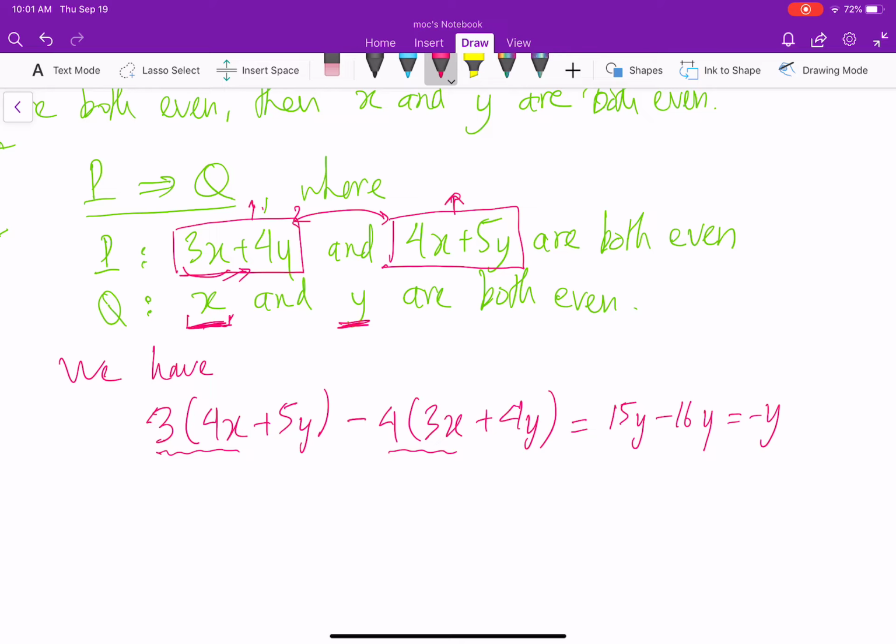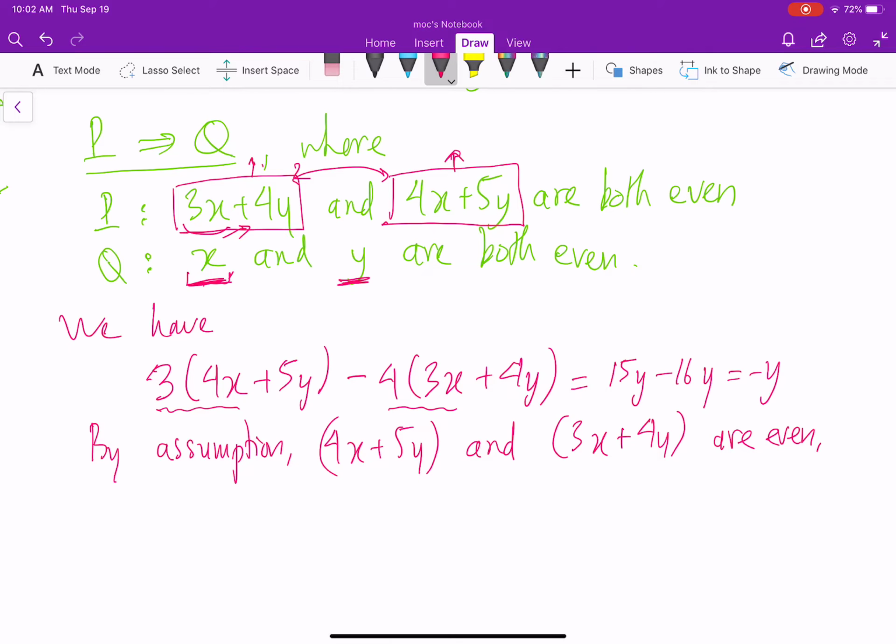By assumption, 4x plus 5y and 3x plus 4y are even. Since these are even, if you multiply by 3 or 4 and subtract them, you get an even number.